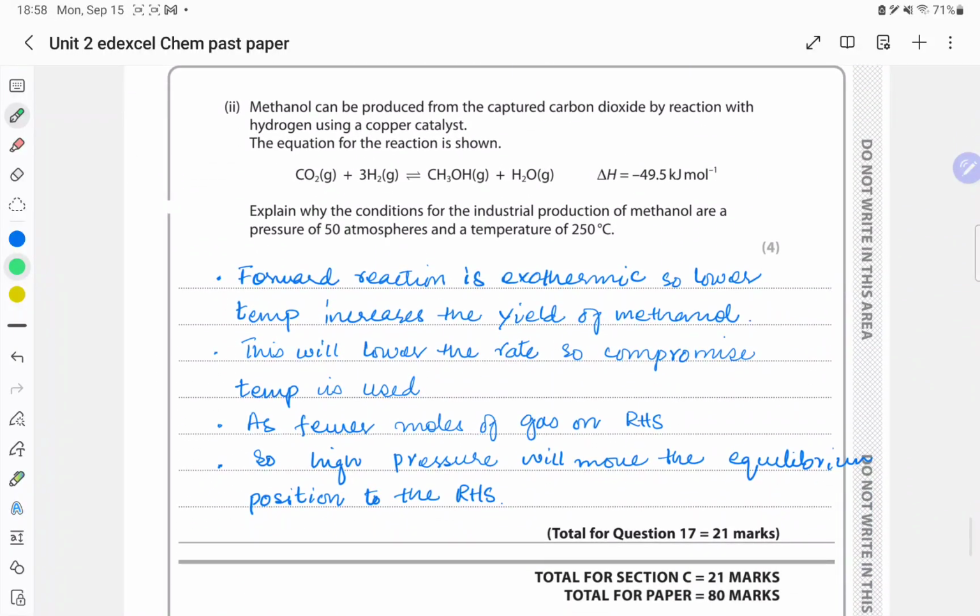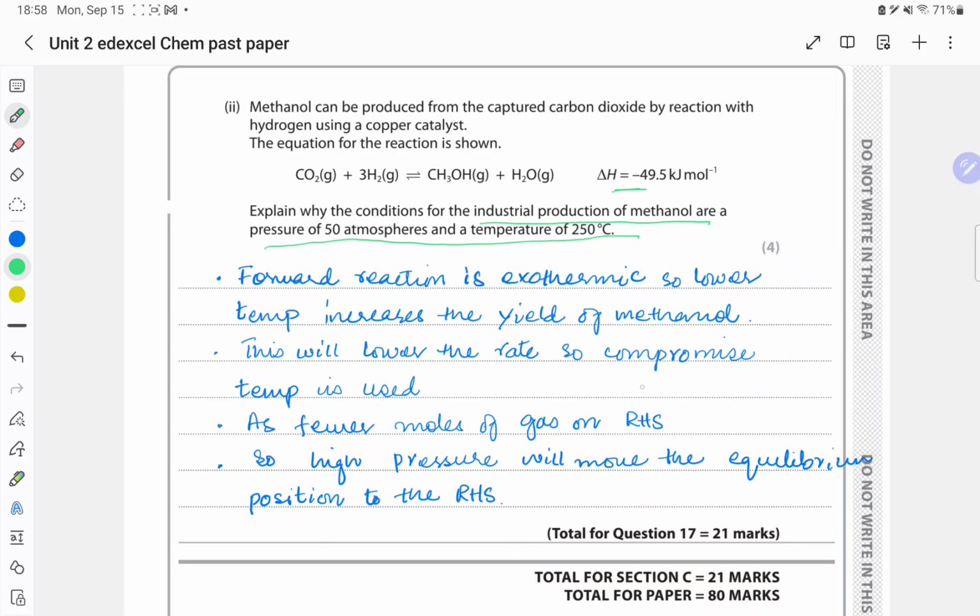Moving on to the next question. Explain why the conditions for industrial production of methanol are a pressure of 50 atmospheres and a temperature of 250. It's very simple, you must have studied the equilibrium chapter. It is related to that, because the forward reaction is exothermic. As you can see, it's negative. So lower temperature increases the yield of methanol, but because of this, what happens?